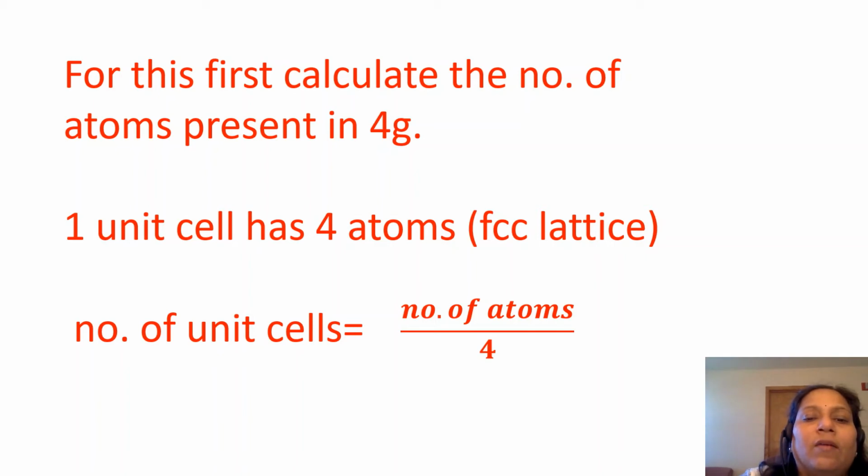Therefore, if I have x atoms in 4 grams, then it will be x upon 4. So the total number of atoms upon Z, the number of atoms in one unit cell, will give me the number of unit cells. So let's calculate the number of atoms in 4 grams of the atom.